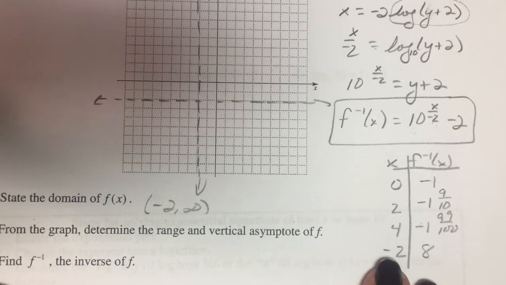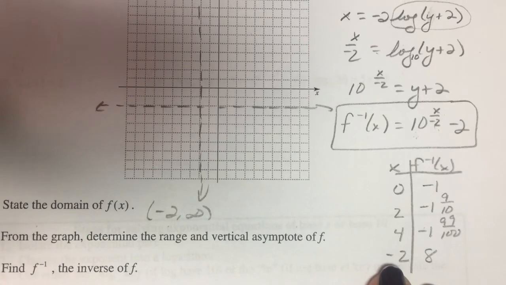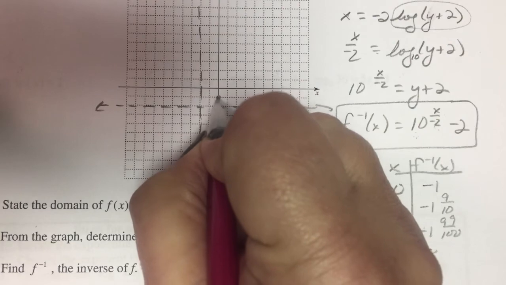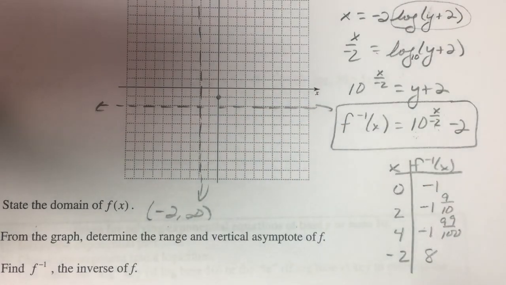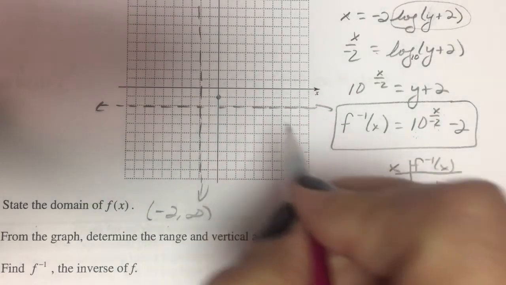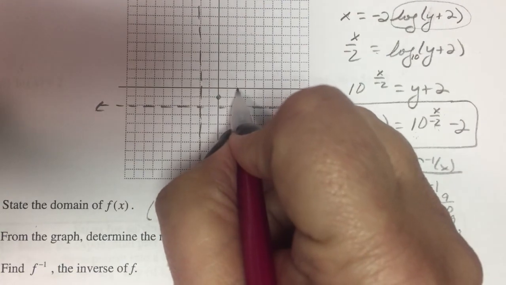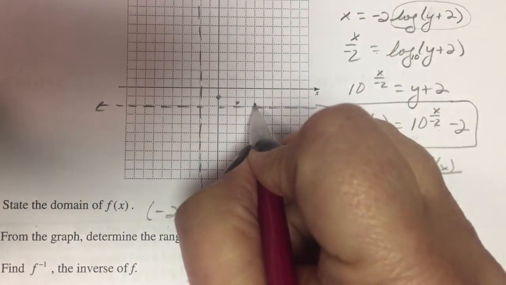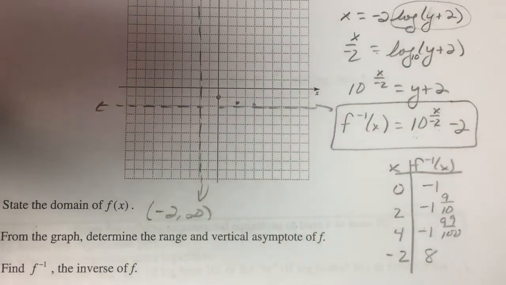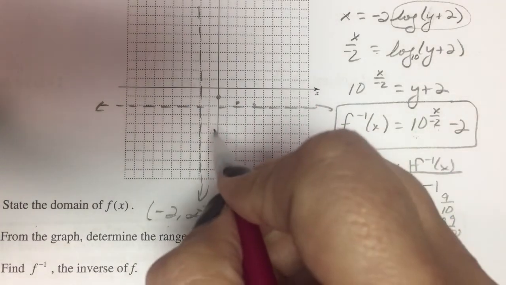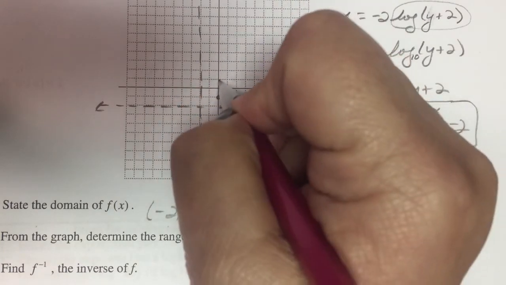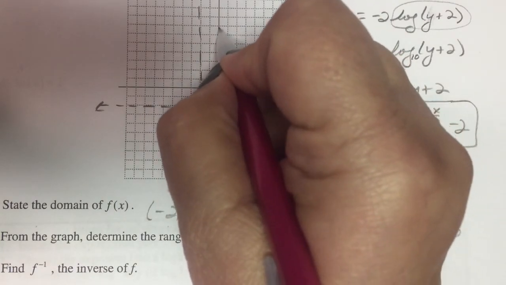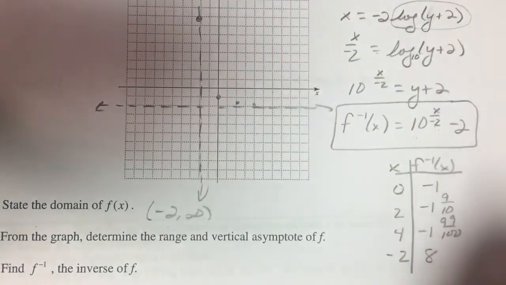So again, these are for the inverse. So I'm going to go ahead and plot (0, -1), (2, -1 and 9/10), (4, -1 and 99/100), so it'd be right down there, and then (-2, 8). 1, 2, 3, 4, 5.